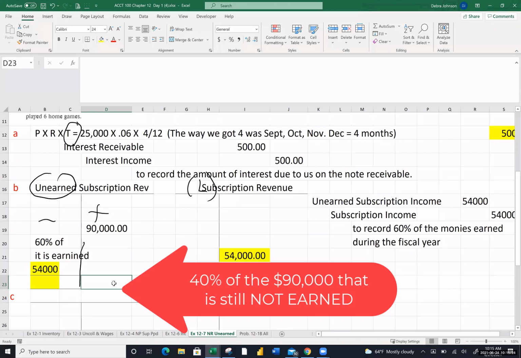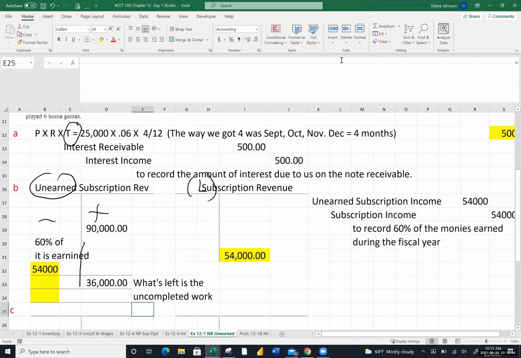If I foot this T account, then I'm going to take 90,000 minus 54,000. What's left in the unearned account is the uncompleted work. It's still a deposit. It's still sitting in there.